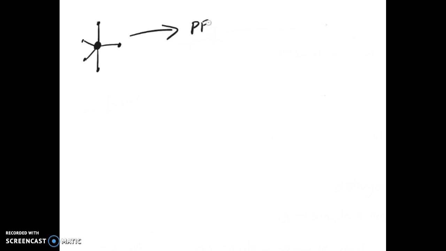This is something like phosphorus pentafluoride, 5 bond pairs, no lone pairs. When you get 1 lone pair, you get a seesaw structure. Where you've got a pair over here, and this would be something like sulfur tetrafluoride, my bad.